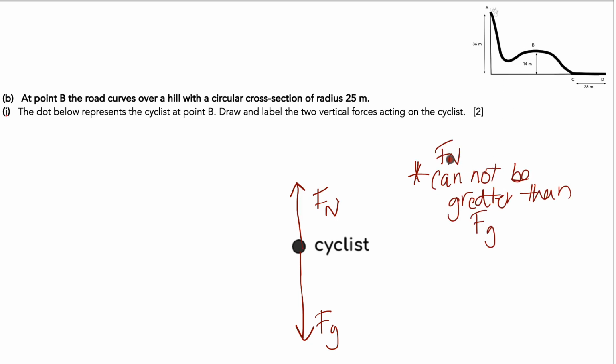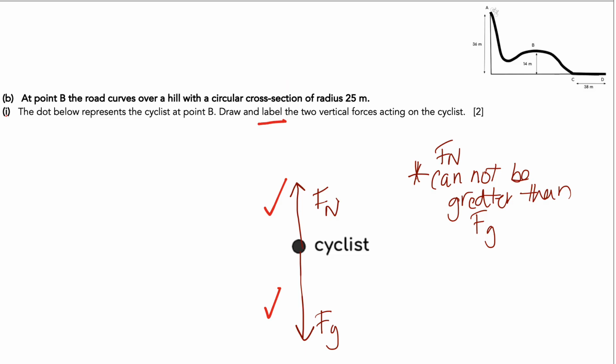If the normal force was greater than the force due to gravity, I wouldn't actually be able to stay on this and actually do this circular shape. We'll talk more about that in the next question. But for now, as long as Fn is shorter or equal to Fg, then we're going to give 1 mark for each one. Now, please note, it does say label.